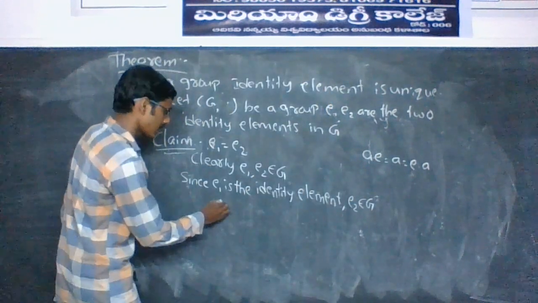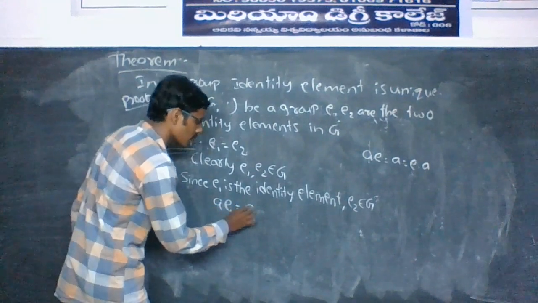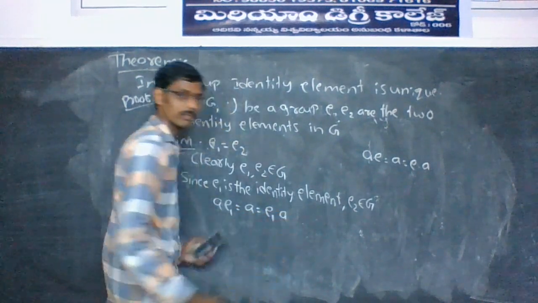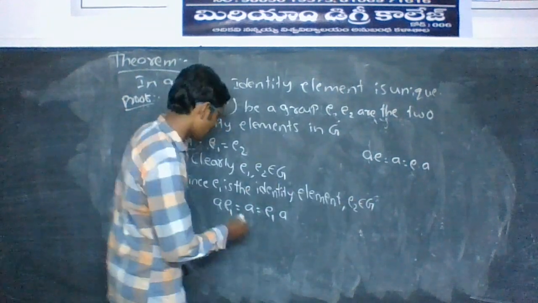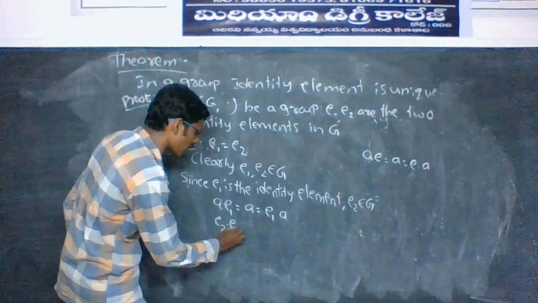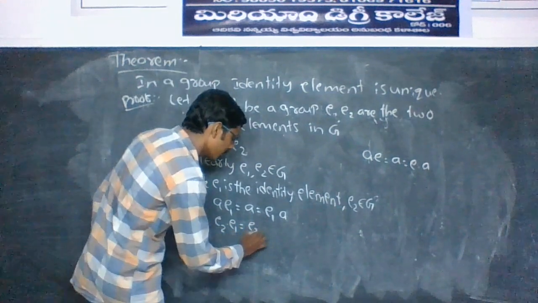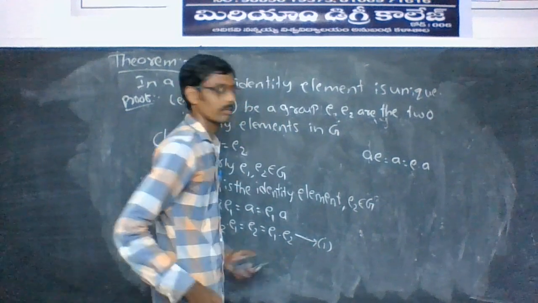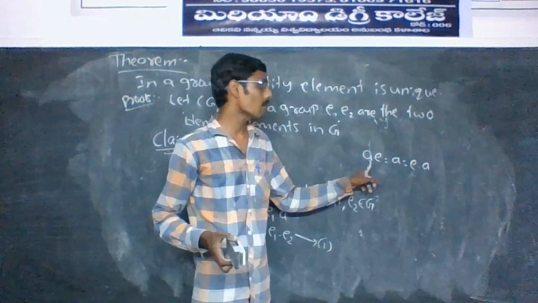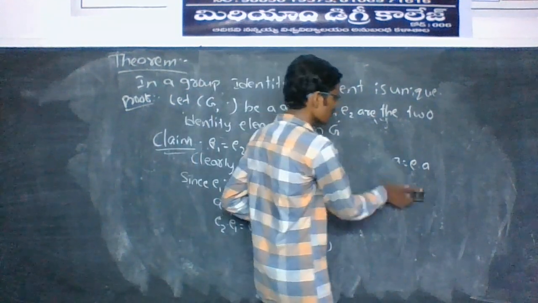So e1 is the identity element, and a equals e1 into a. Since e2 is any element in G, replace a by e2: e2 e1 equals e2 equals e1 into e2. Equation number 1, by the property of identity.